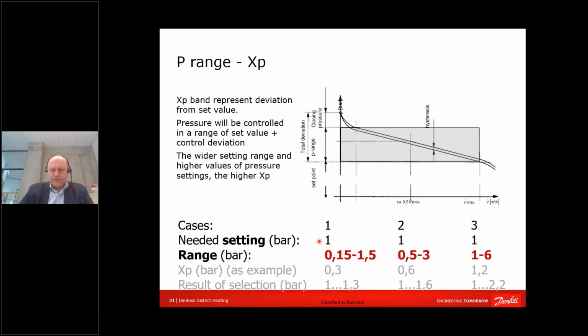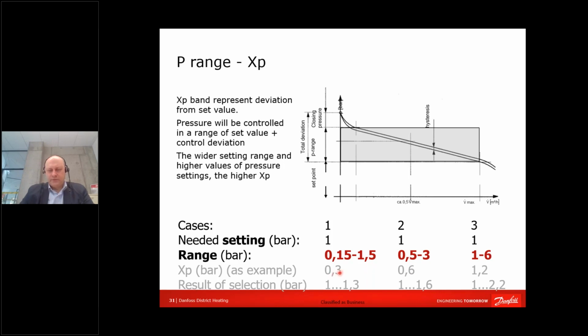For example, you need a setting of 1 bar, and you are free to choose among all these 3 controllers. As an example, you might predict that the industry standard for some controllers might be about 20% of the maximum set point. It depends, of course.